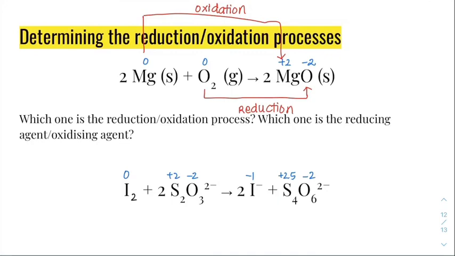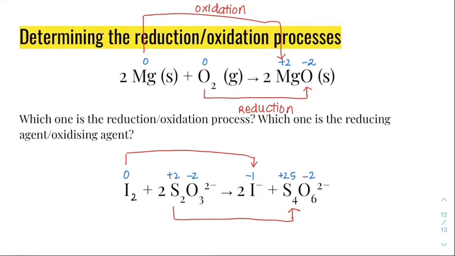We can observe that oxygen did not experience any change. What changes is the iodine from 0 to -1, and sulfur from +2 to +2.5.